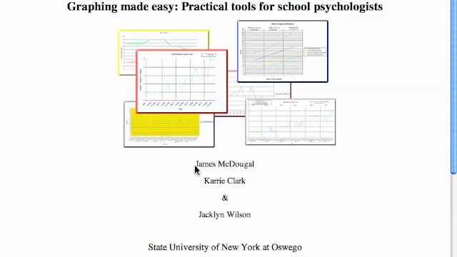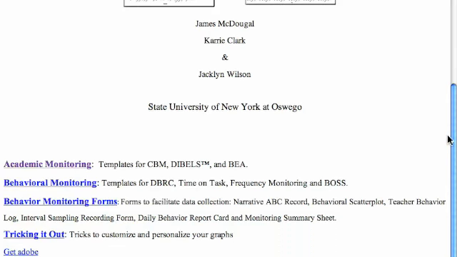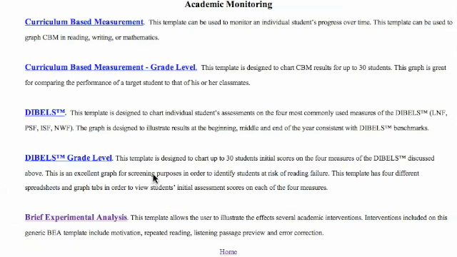This same Intervention Central site gives you a link to some charts for curriculum-based monitoring. That's what we're talking about, and they have very simple templates here that we could adapt to go off of a database rather than Excel.